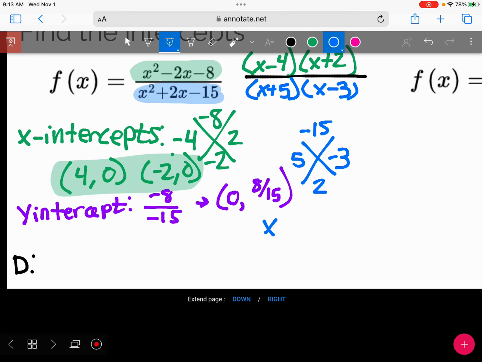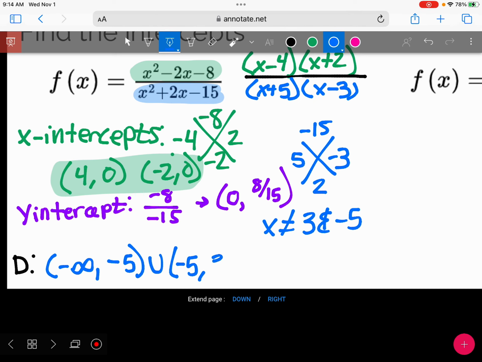So what can my x's not equal in my denominator? 3 and negative 5. So our domain, when we write that out, is from negative infinity to negative 5, negative 5 to 3, and 3 to infinity.